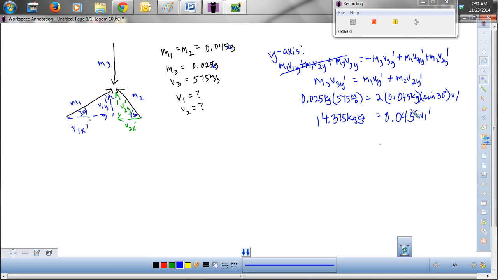So 14.375 divided by 0.045 gives me V1 prime to be 319.4. That's also V2 prime. And if we check our correct answers, it's good. Yay, I worked it. Alright, so there's 17.